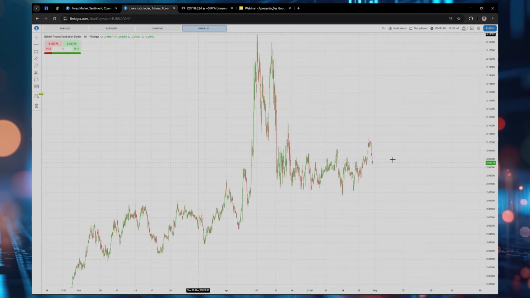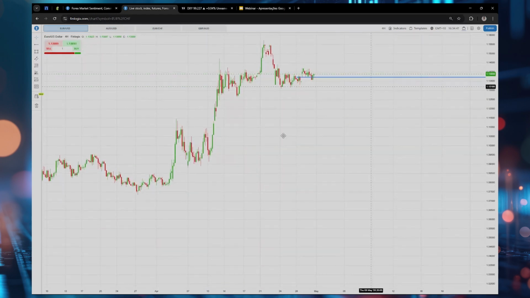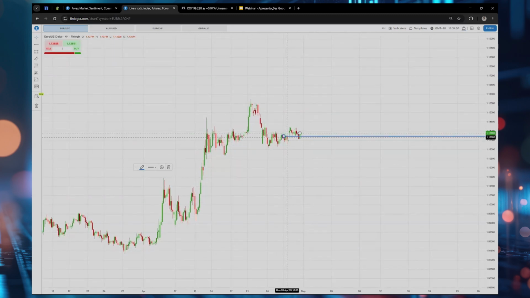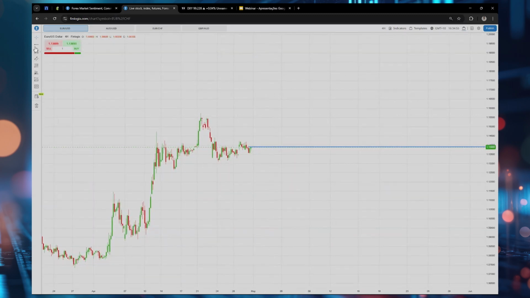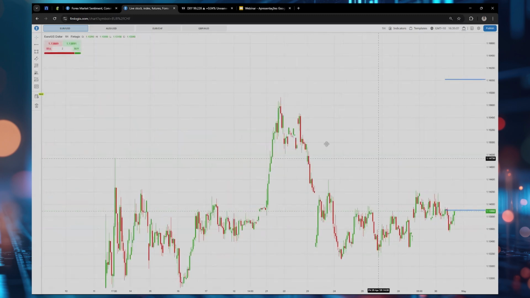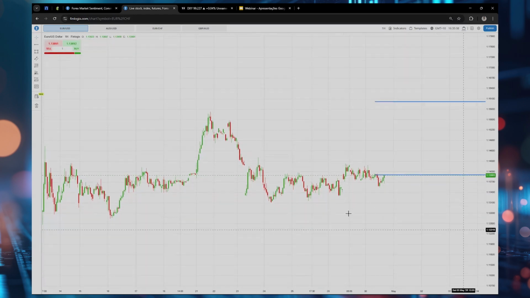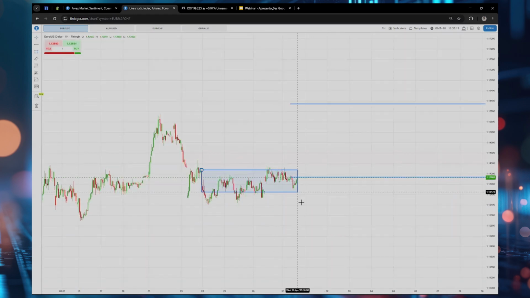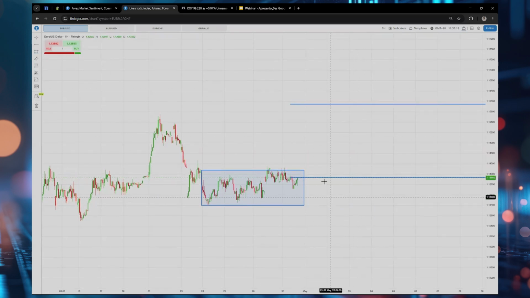Let's start with Euro dollar longs. If we long at the market price at the moment, we're looking to target somewhere around 117, or 116 would be quite ideal. Let me go to the 1 hour chart. Okay, we are in a consolidation. My stop loss would probably be around this level. 1, 2, 3, 4, 6, 7, 1, 2, 3, 4, 5.